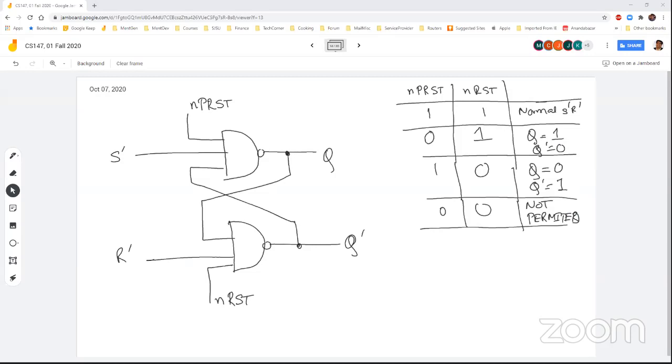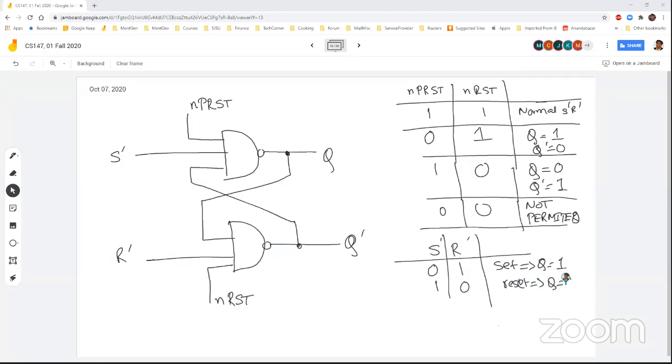Now let's see how it works. So remember your S bar R bar has a certain logic combination. If it is 0 and 1, it is a set condition, which means Q will be 1 at this point. After this point, if it is 1 0, it is a reset condition.